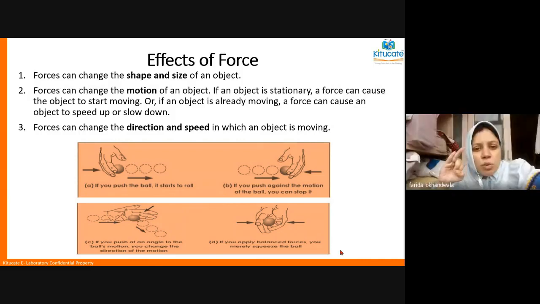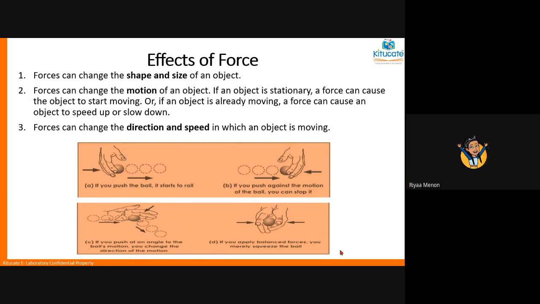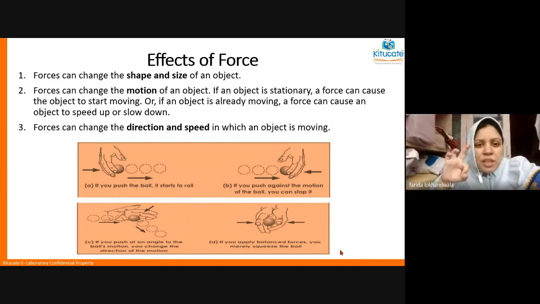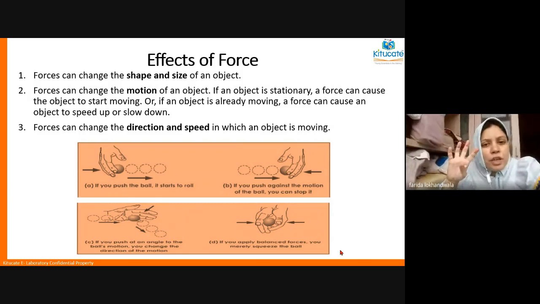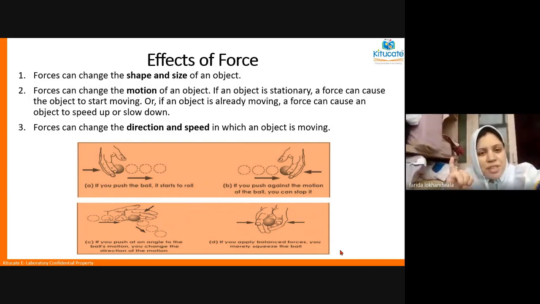So it is changing the motion, means either it is setting the rest in motion or it is bringing the motion to rest. That is second. What is the third one? Direction. The third one will be direction, and the fourth one will be the speed. So four things. Shape and size is the first thing.